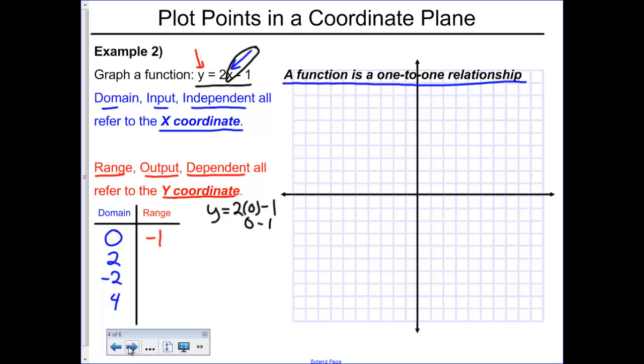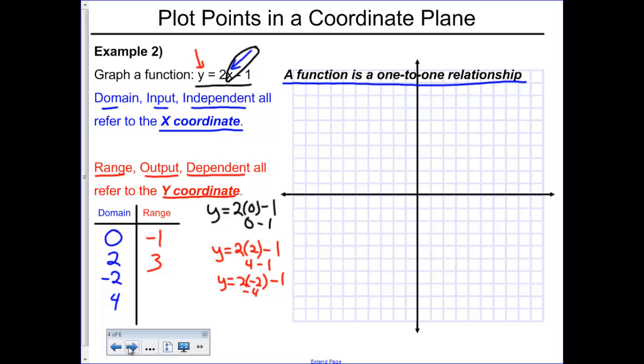So my next domain value is positive 2. So to calculate my range value that matches that, we substitute a 2 in place of x. That gives us 4 minus 1. So the output, or the range value, would be 3. The next one would be a negative 2 input. Negative 2 in place of x.